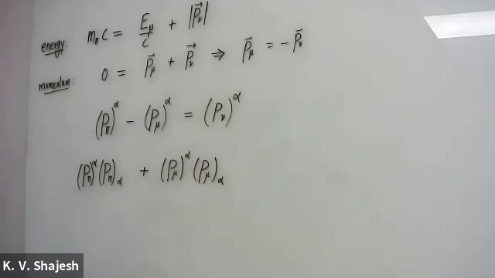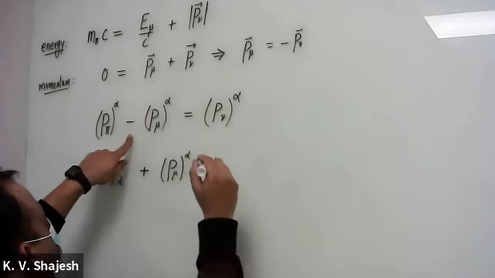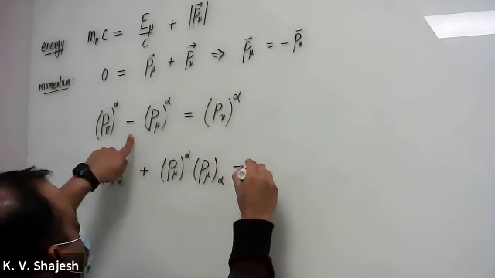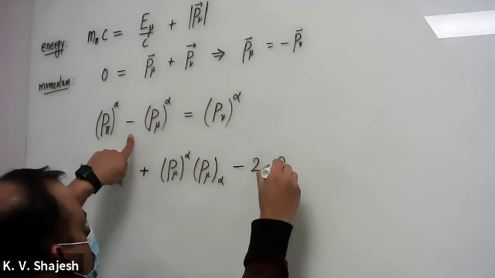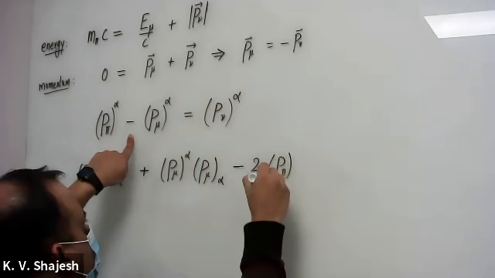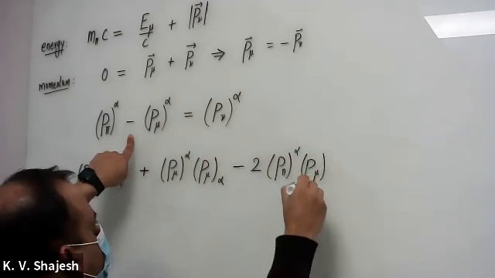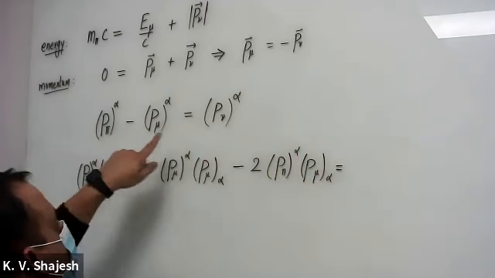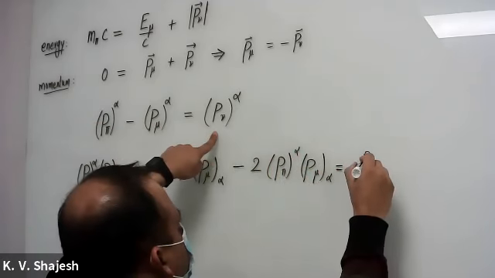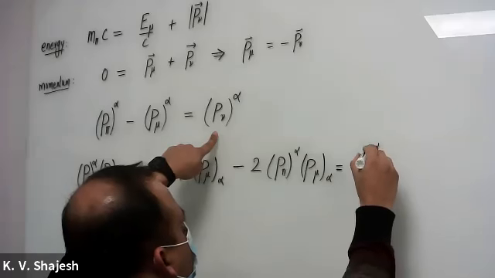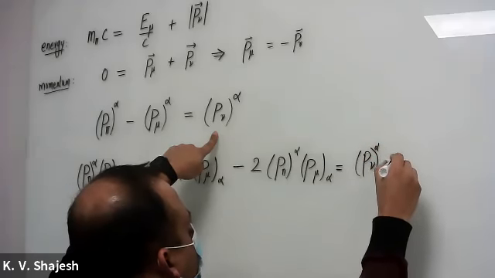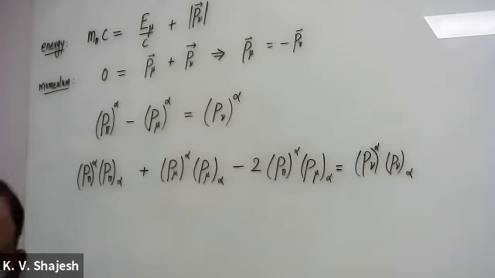Sorry for the clutter. And then there is a crossed scalar product, that's 2 times P of pi alpha times P of mu alpha. And that's equal to P nu alpha, P nu alpha.